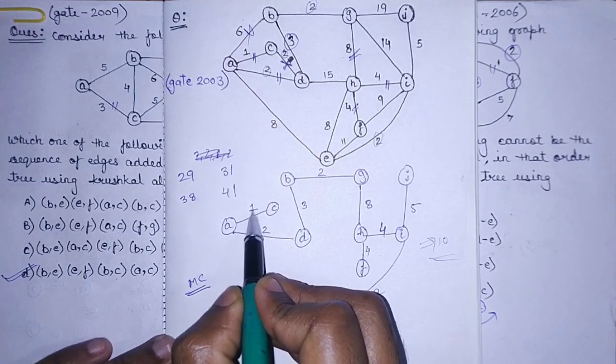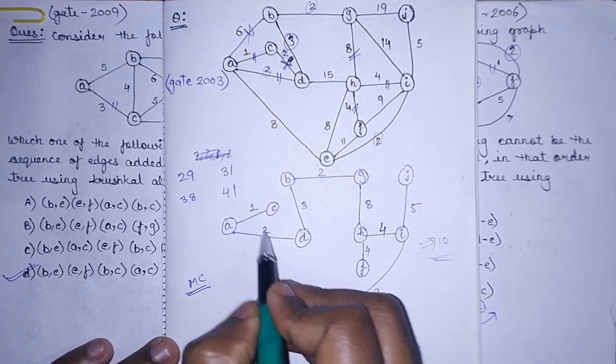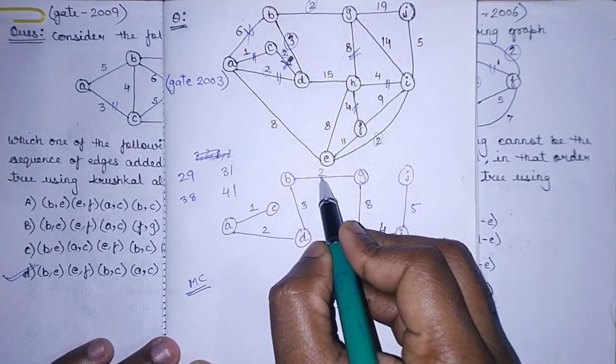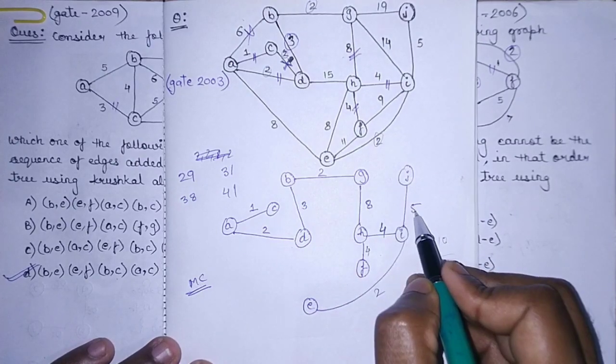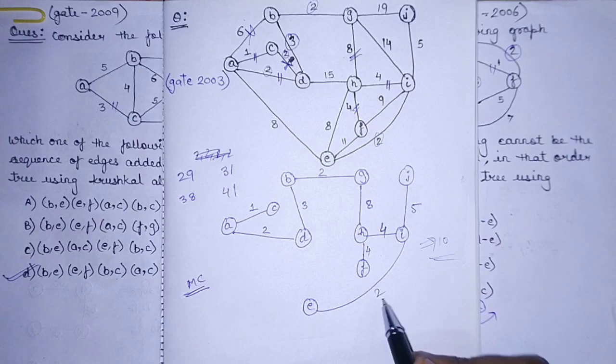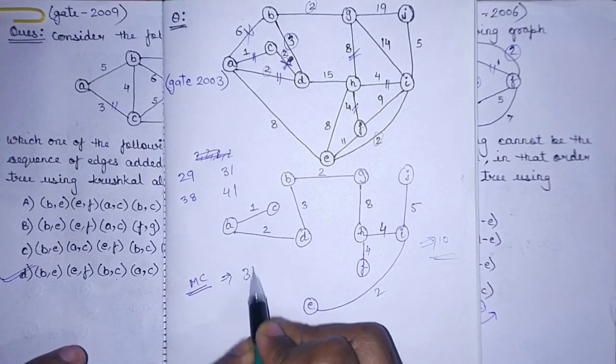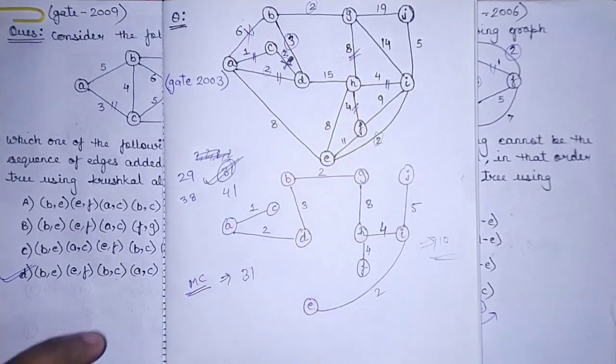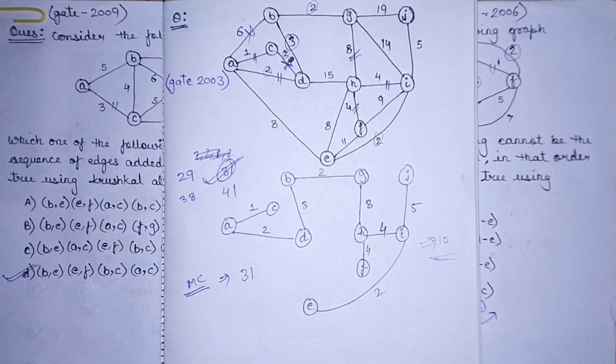So just add them: 2, 1 is 3, 3 is 6, 6, 2 is 8, 8, 8 is 16, 16, 5 is 21, 21 and 8 is 29, 29 and 2 is 31. So this is the right option. That's how you can find the answer to such a problem.